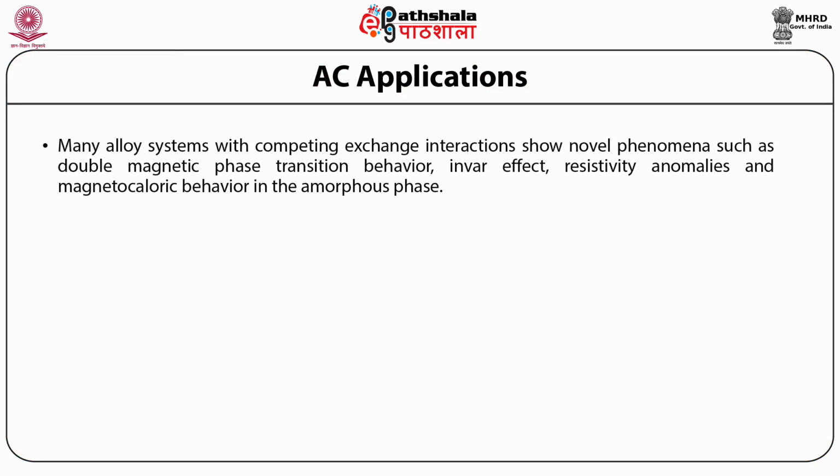Also, considerable efforts have been devoted to the understanding of systems with frustration arising either from competing exchange interaction or from random magnetic anisotropy. Many alloy systems with competing exchange interactions show novel phenomena such as double magnetic phase transition behavior, invar effect, resistivity anomalies, and magnetocaloric behavior in the amorphous phase.